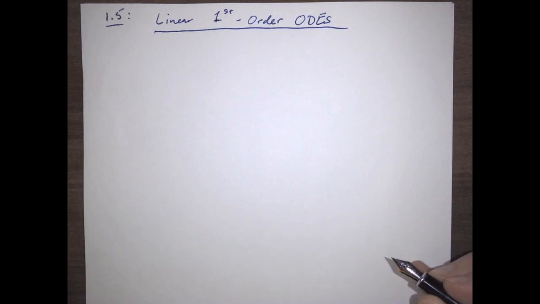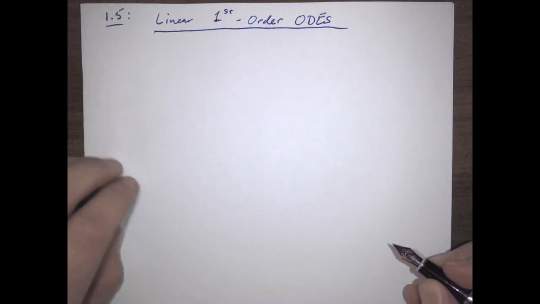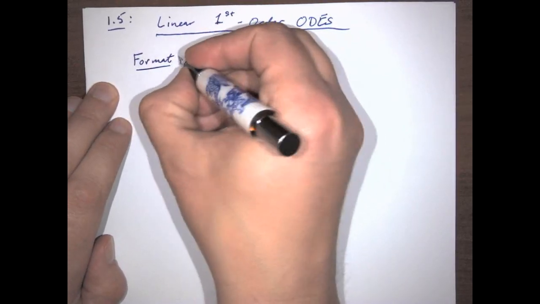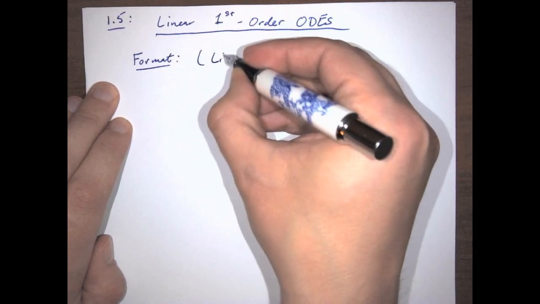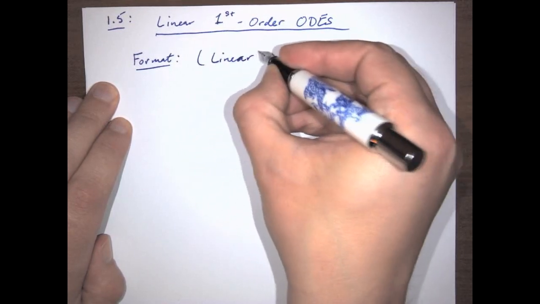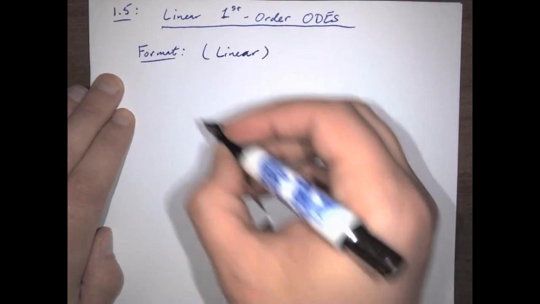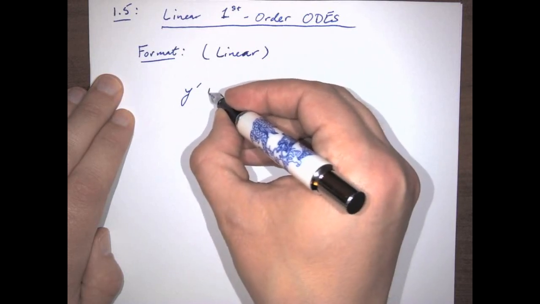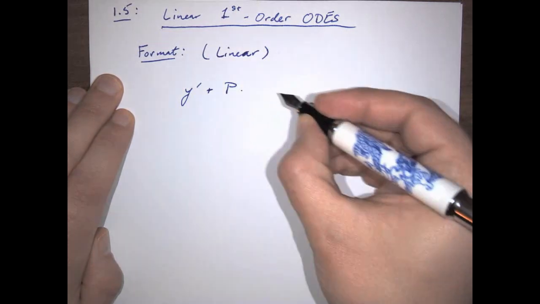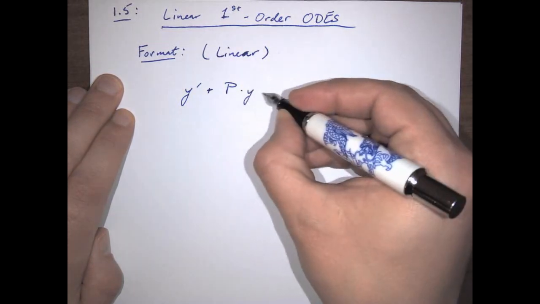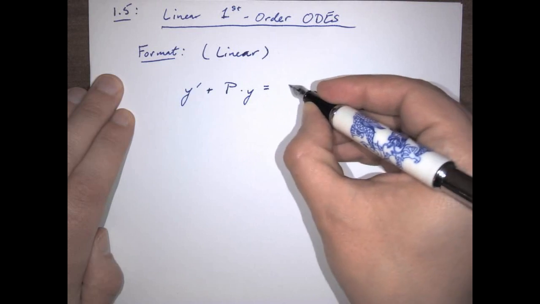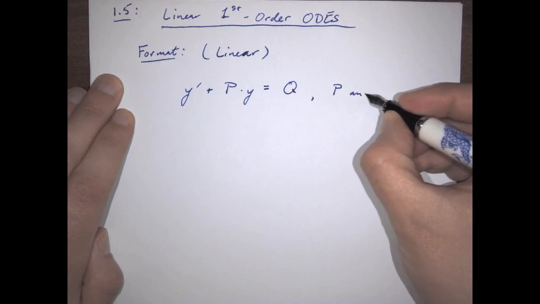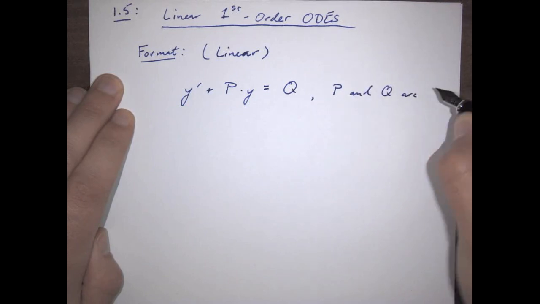The format that makes it linear as opposed to some other form is this. For a linear equation, the format has to be y prime plus p times y is equal to q, where p and q are functions of x.